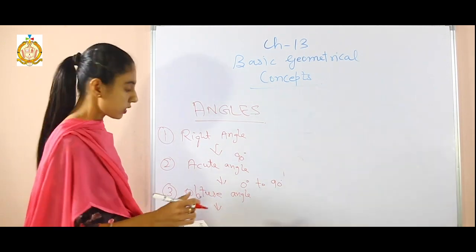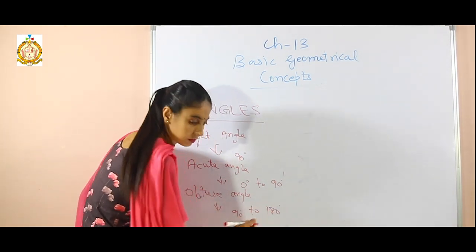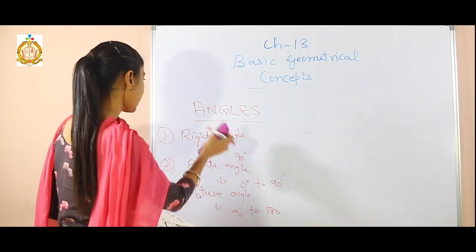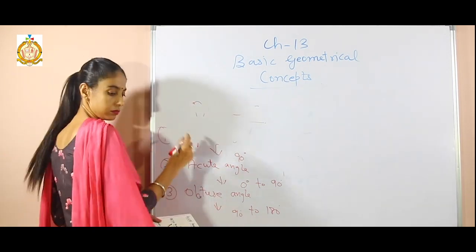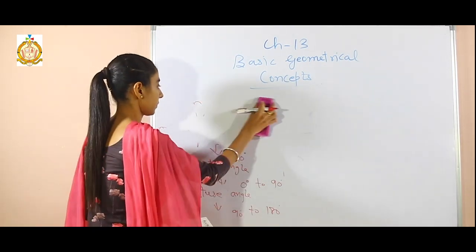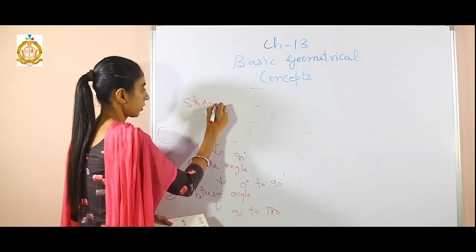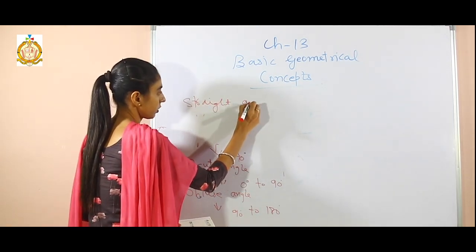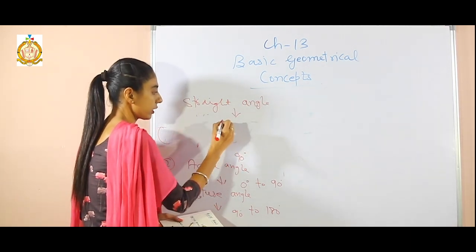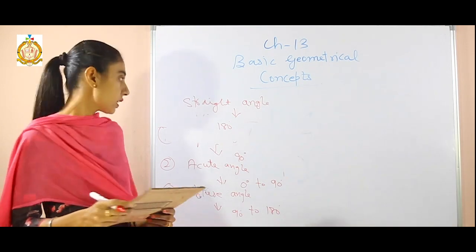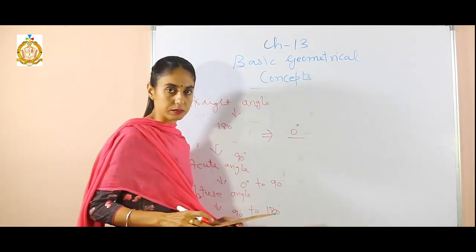Its measure lies between 90 degrees and 180 degrees. And the last one, the fourth, is the straight angle. The measure of a straight angle is 180 degrees. And the unit of measuring angles is degree.